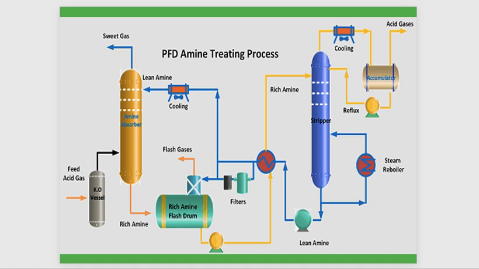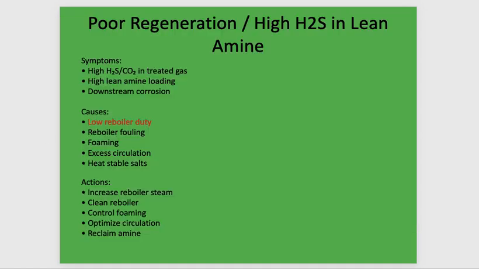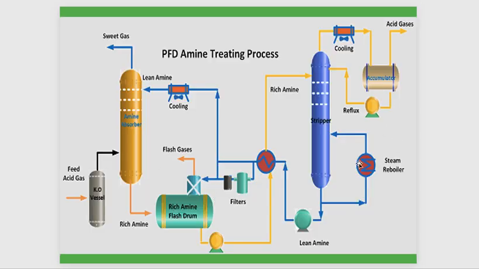Okay, so what will happen? It leads to poor regeneration. What happened? It leads to high H2S in lean amine. The symptoms, first from the laboratory, you will find a high concentration of H2S in the lean amine, high lean amine loading, or downstream corrosion. This may happen due to low reboiler duty, because there is a ratio between the flow of the amine, or the load of the unit, and the processed steam to the reboiler.